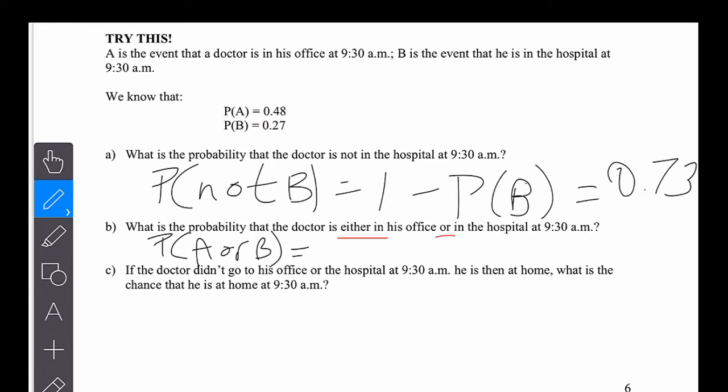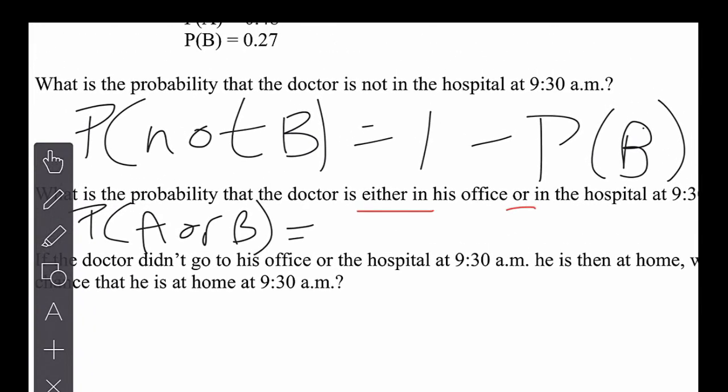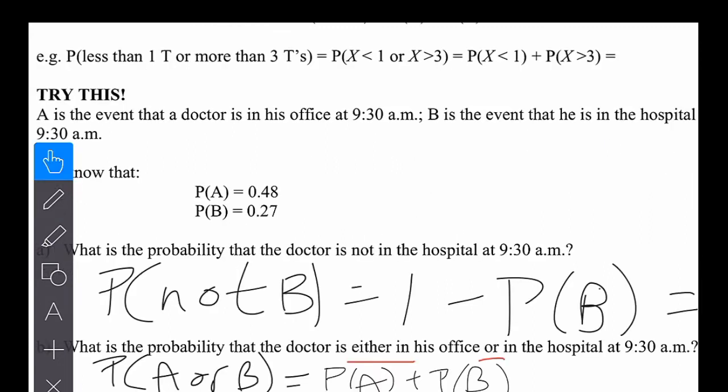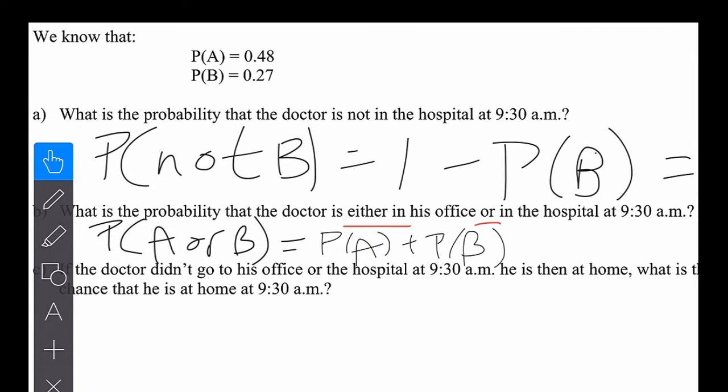For probability of A or B, we just sum using the addition rule, rule number 4, for disjoint events. When you sum these two, you get 0.75, right? Notice it's not 100%. It doesn't fill the space completely.